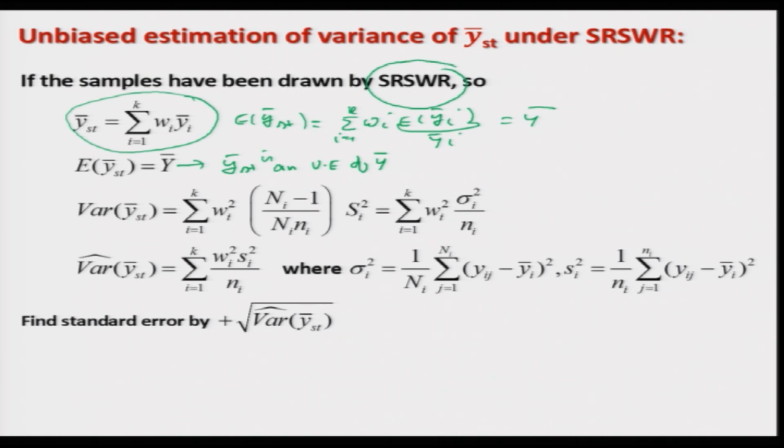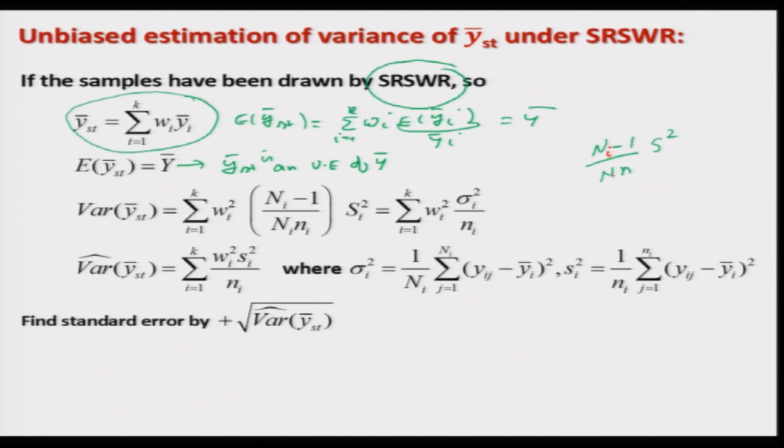For finding the variance of y bar st in the case of SRS WR, we know that the variance of y bar was obtained as n minus 1 upon n times S square. Once I use it here for the ith stratum, that means a sample of size small ni is obtained from the stratum of size capital Ni.